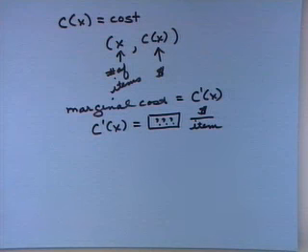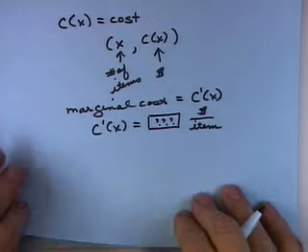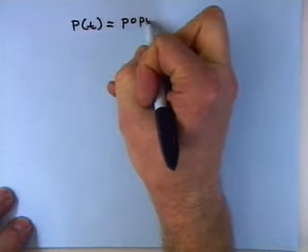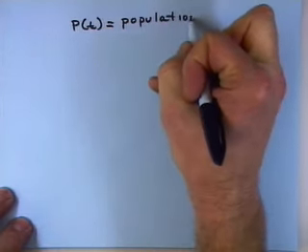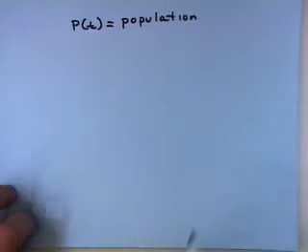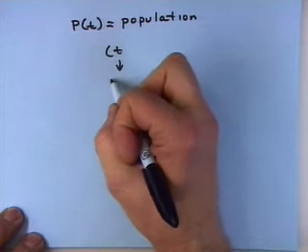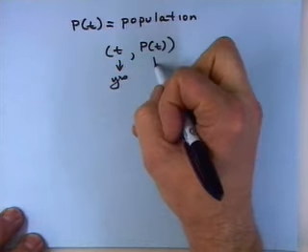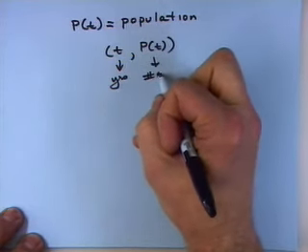So if you see the word marginal cost, marginal revenue, or marginal profit, they're talking about the instantaneous rate of change. First derivative. If you have a population problem, and maybe it's in the ordered pair where T is in years, and the P of T is in, let's just say, number of people.